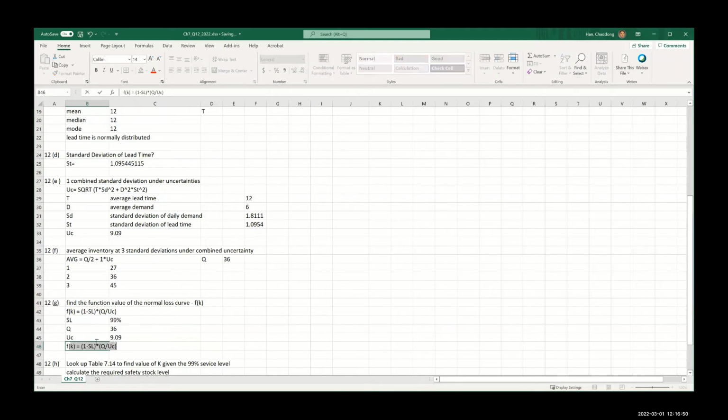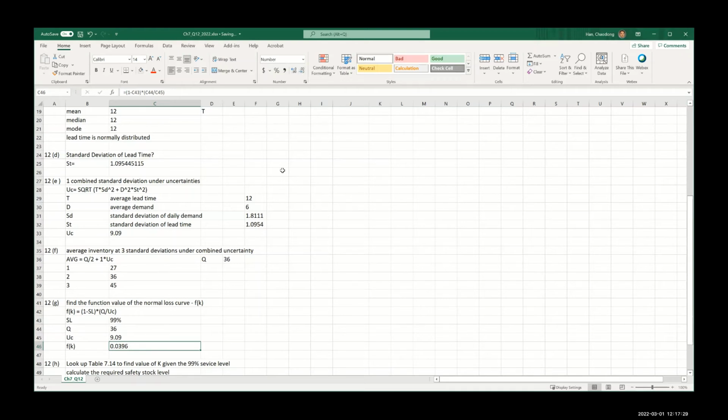So then Fk is 1 minus service level times Q divided by UC. So our Fk is 0.0396. Let's pick four-digit level with decimal.